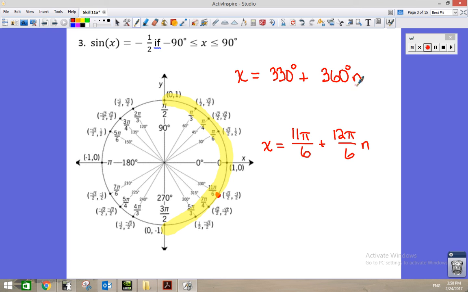So I'm not going to let n equal 0. I'm going to let n equal -1. If I replace n with -1, then what will I have? Well, let's look and see. Positive 330 plus a negative 360 is -30 degrees. And -30 is between -90 and +90 degrees.